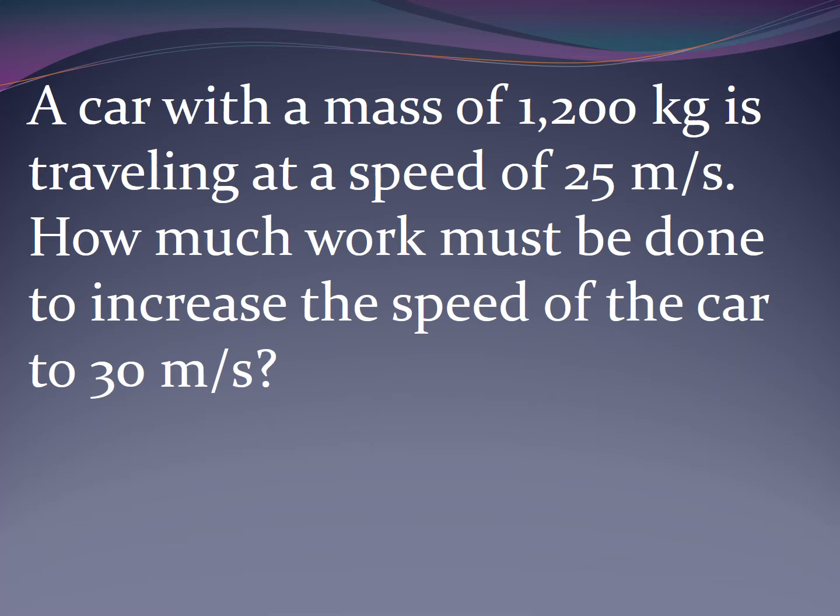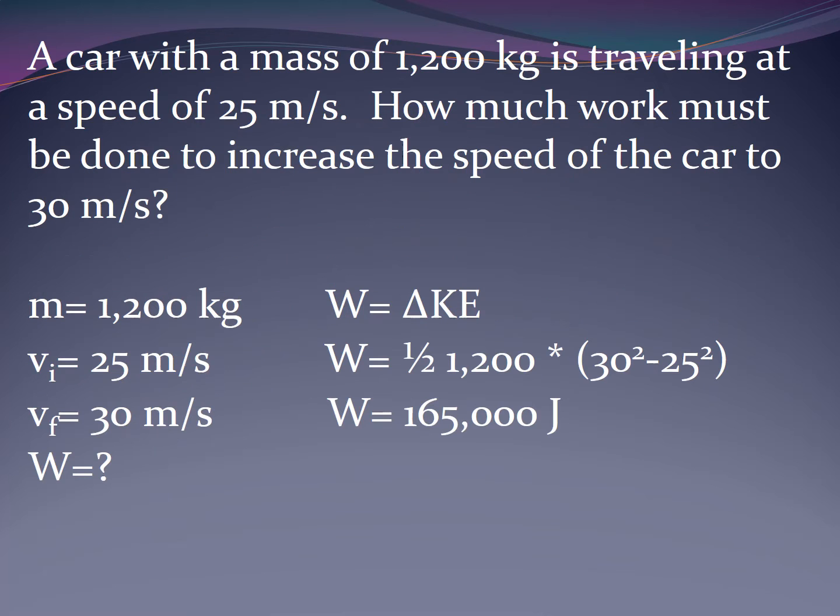So a car with a mass of 1,200 kilograms, so start writing your units down, is traveling at a speed of 25 meters per second. That is our velocity, our initial velocity. How much work must be done to increase the speed of the car to 30 meters per second? So we're increasing it, so that's our final velocity. And so we're looking for work. We don't know what work is.